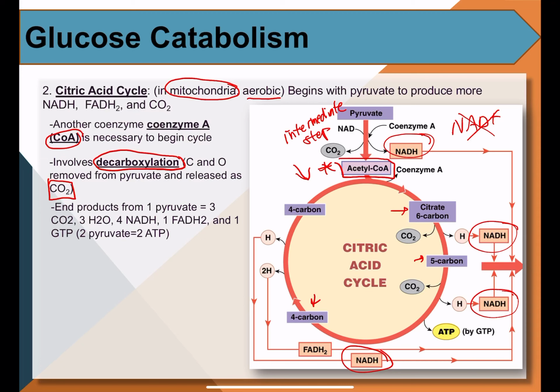So from one pyruvate molecule, you will make 3 molecules of carbon dioxide as byproduct due to its removal from the reactants through decarboxylation. And hence, this explains why we have to breathe out carbon dioxide during respiration.